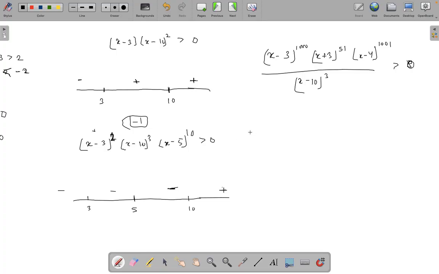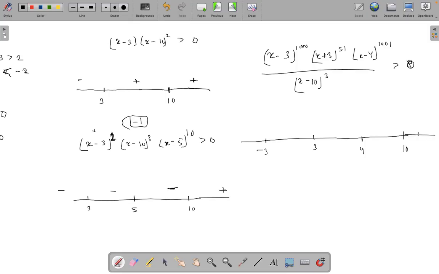Okay, what is the first step? We make the line with 3, 4, and 10. You'll first write minus 3, then 3, then 4, and then 10.